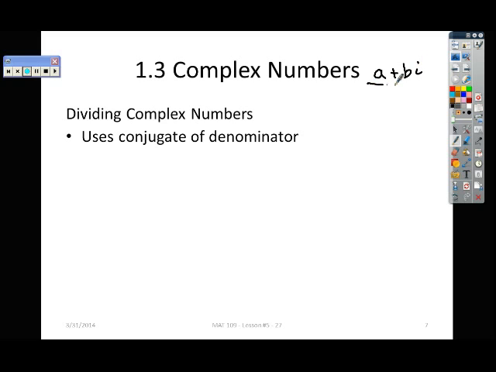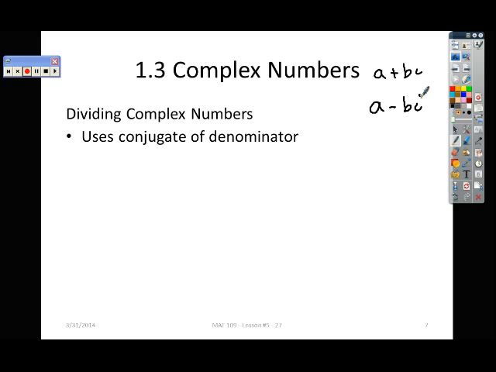This is the real part, that's the imaginary part. The conjugate of a complex number is to change the sign of the imaginary part. So if I have that complex number, the conjugate of that complex number is that. I changed the sign of the imaginary part.